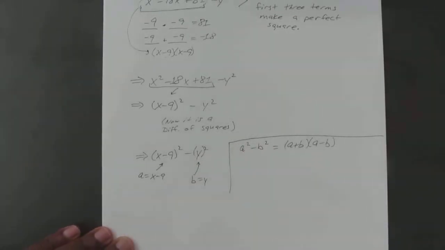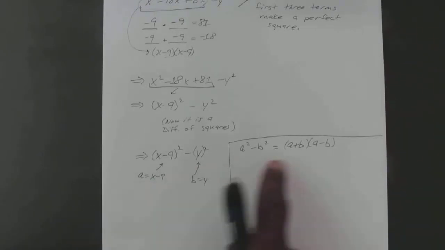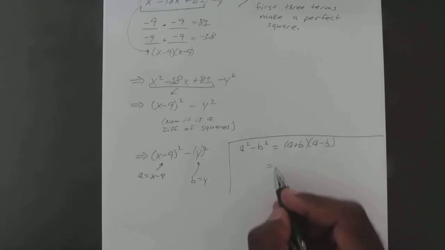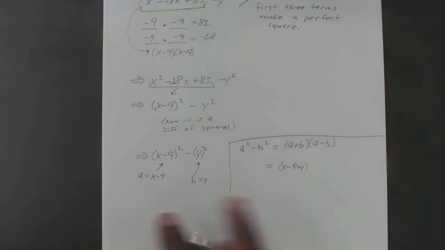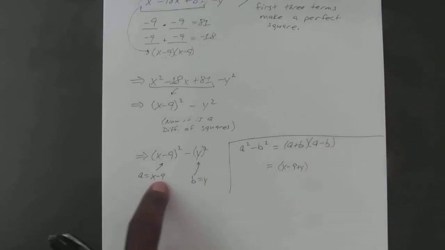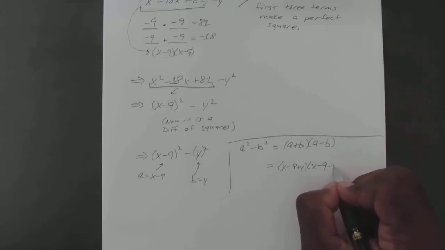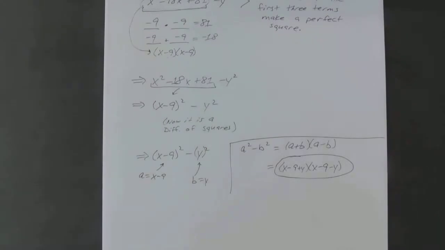So you can make it y squared if you want to. All you have to do is plug this into that formula. So a plus b is x minus 9 plus y, and a minus b is x minus 9 minus y. And that's your answer.